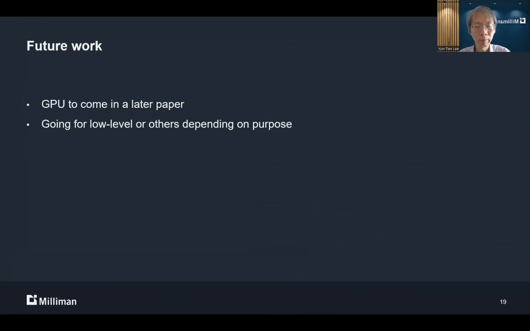For future work, we are considering extending the ideas in a later paper on GPUs and how GPUs can be used in different applications and how efficient they are in different languages. And also for other purposes, we're considering adding more use cases, and hopefully we can share them in the near future.